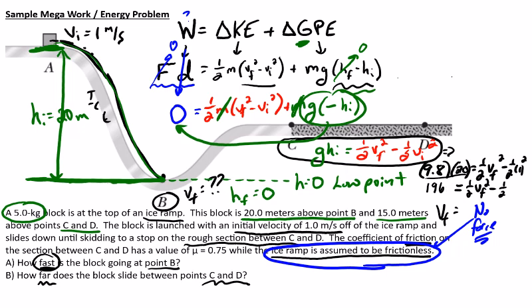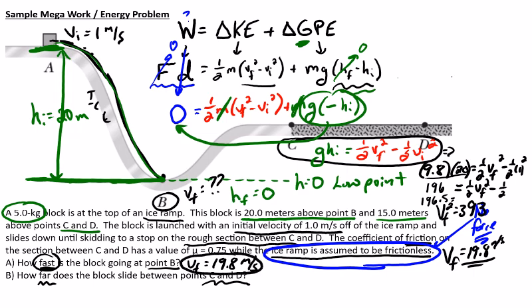And so when I add this 0.5, this 1/2, it's going to be 196.5 equals the 1/2 Vf squared. So then I multiply by 2, which means Vf squared is equal to 393. My final velocity here would be 19.8 meters per second. And that tells me how fast this object is going at point B.